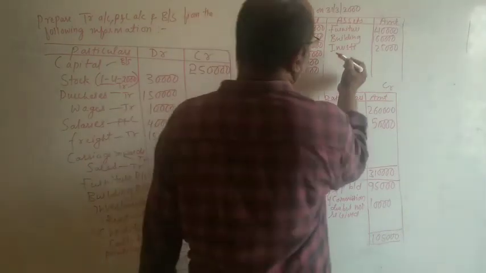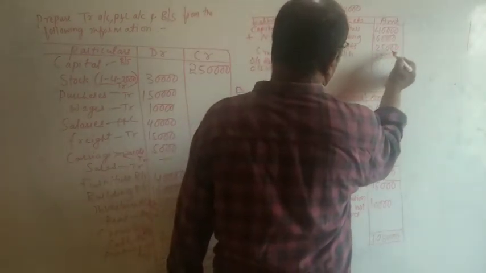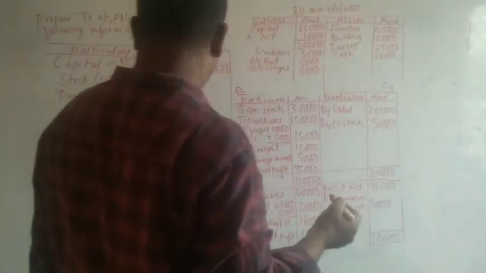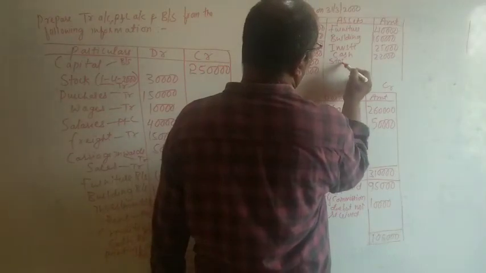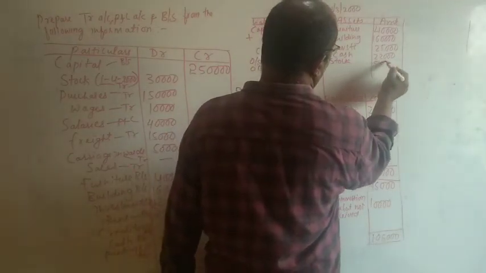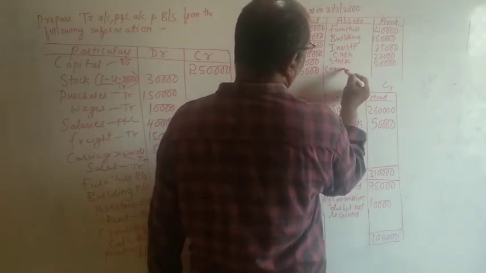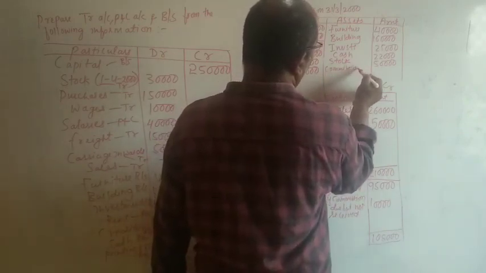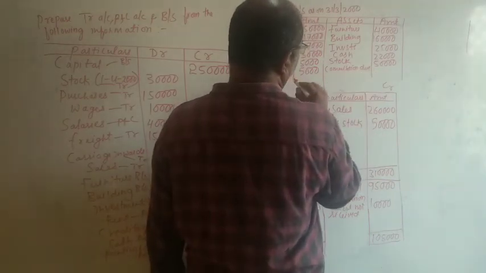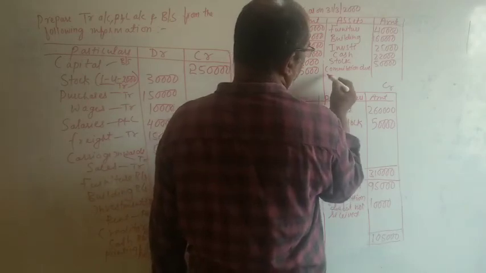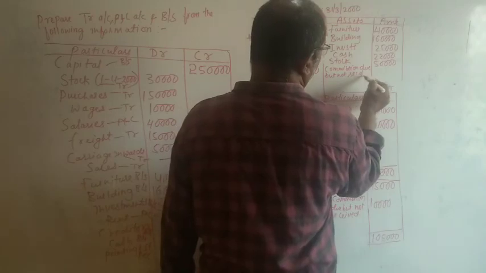Cash 22,000. Then stock 50,000. And commission due but not received. If you are supposed to receive money, it should be shown on the asset side, and if you are supposed to pay money, it should be shown on the liability side. Commission due but not received, 10,000.